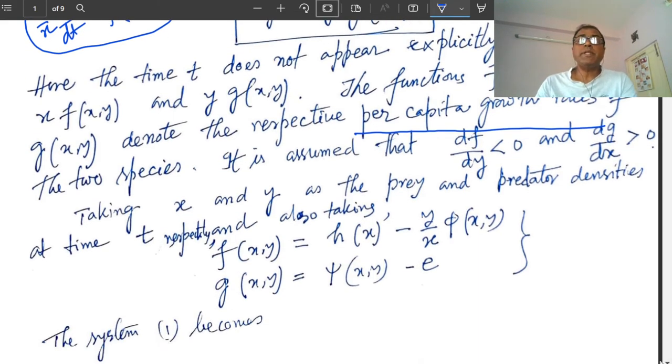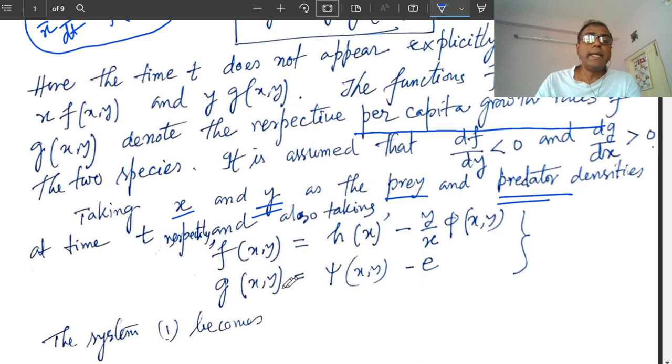It is assumed that df/dy is negative and dg/dx is positive. Taking x and y as the prey and predator densities at time t respectively. So here we denote x as the density of prey and y as the density of predator at time t respectively.